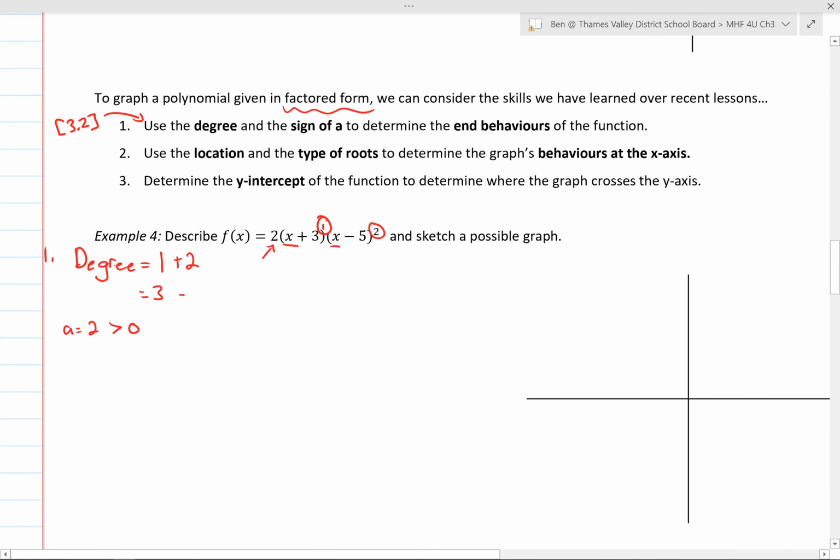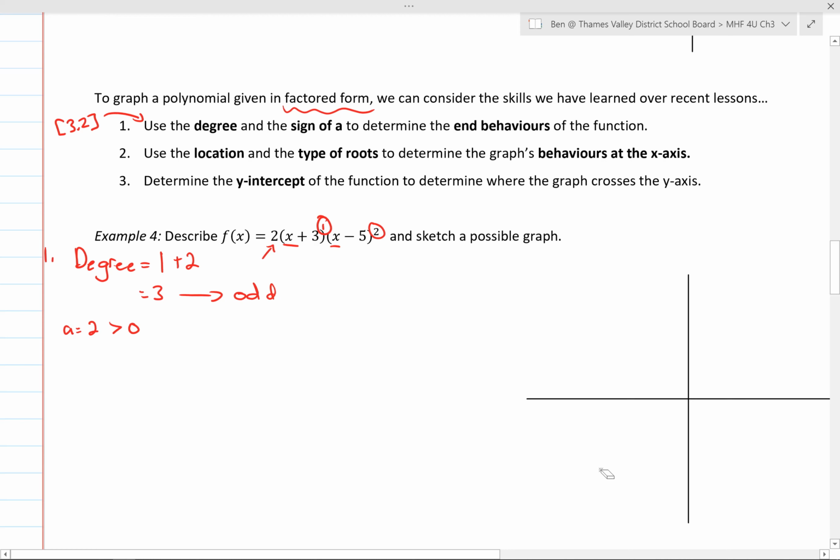Because our degree is 3, our degree is odd. If our degree is odd, our function behaves oppositely at the ends, right? It goes off towards positive infinity in one direction and negative infinity in the other direction, or vice versa. But either way, it does not have the same end behaviors.